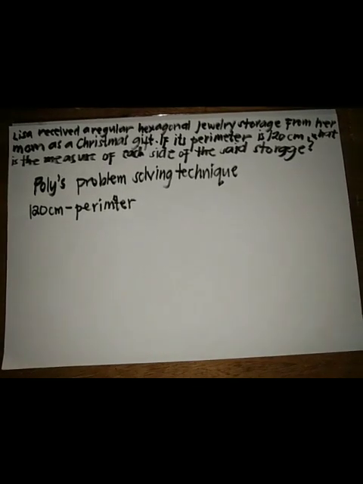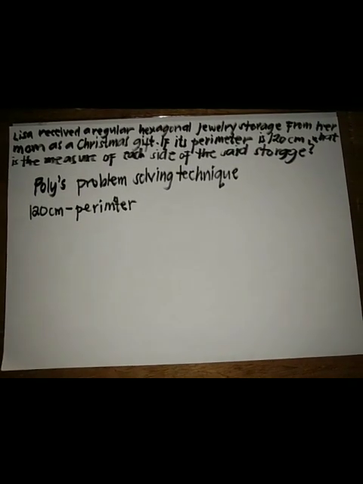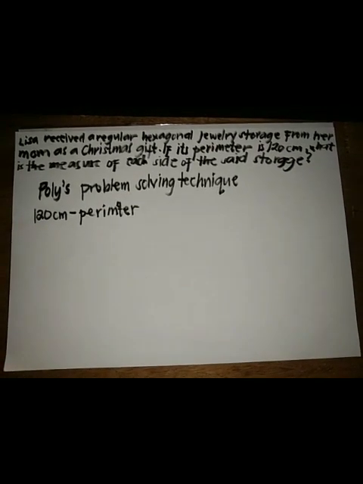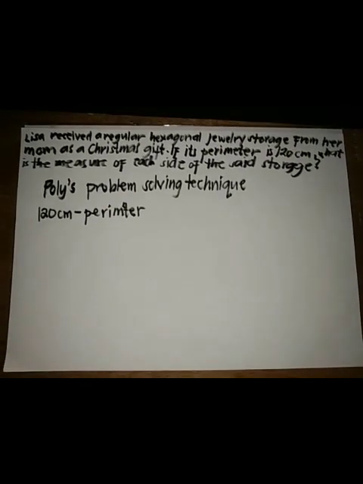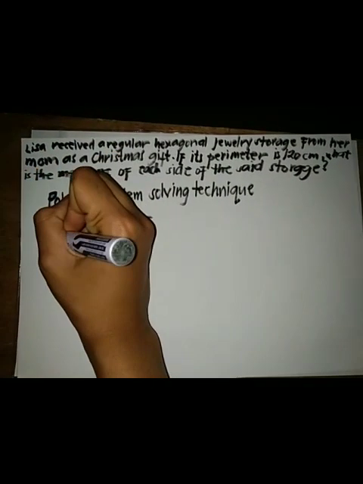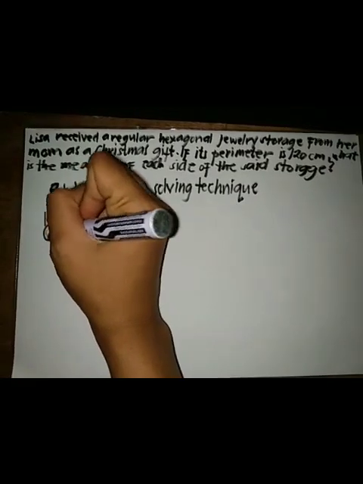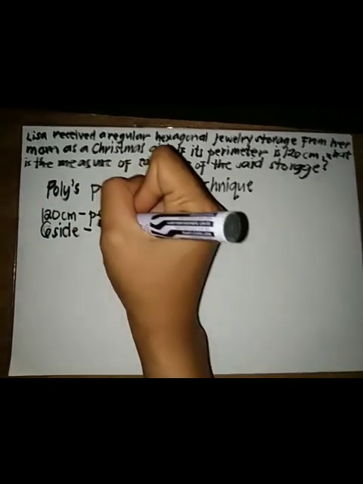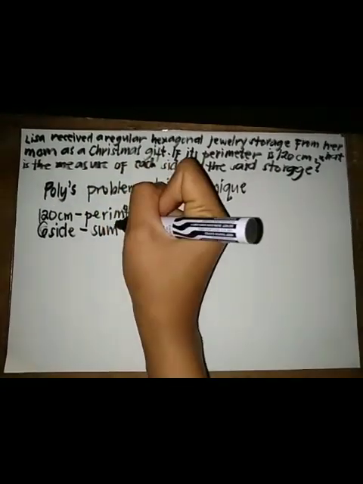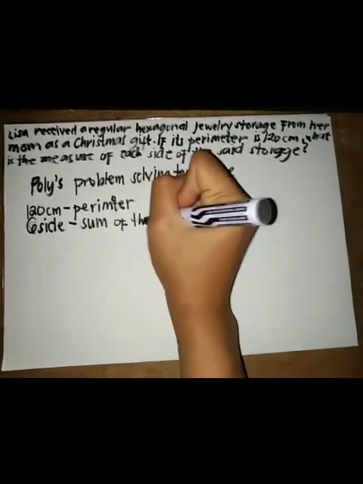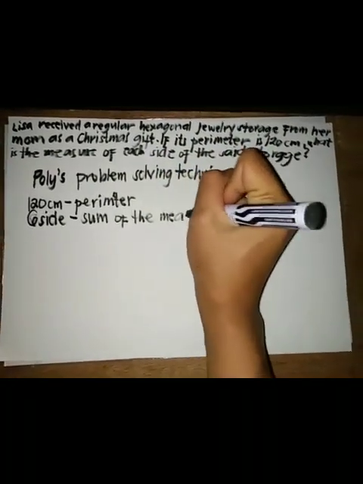Step 2, devise a plan. The perimeter of a hexagonal storage is the sum of the measures of its 6 sides.